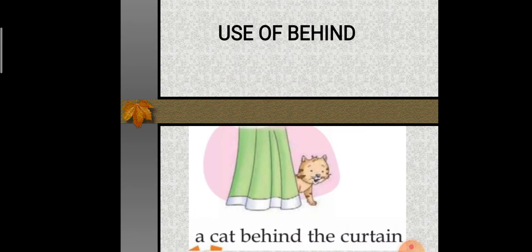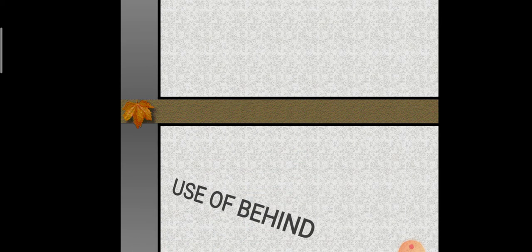A cat behind the curtain, where the cat is hiding itself behind the curtain. Use of behind we are doing: a man behind the wall, where the man is standing behind the wall. So all these examples are explaining themselves.